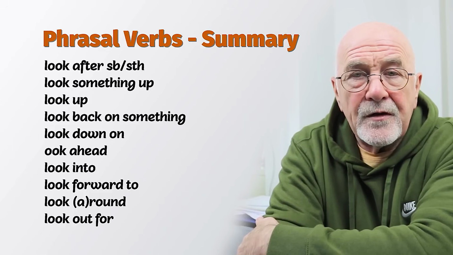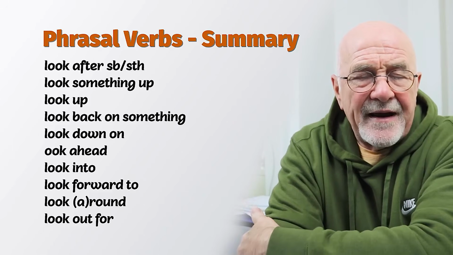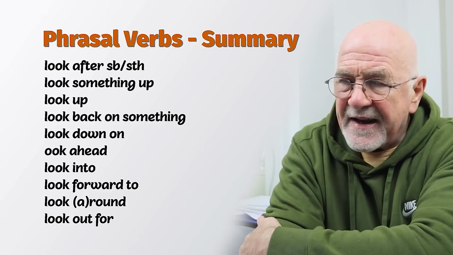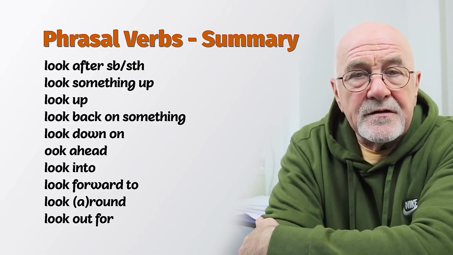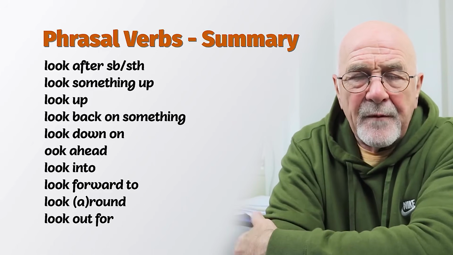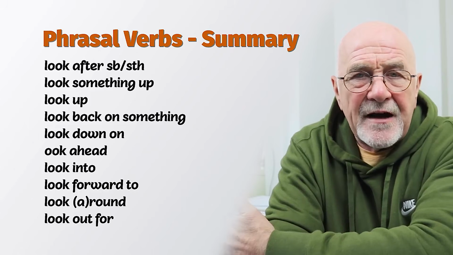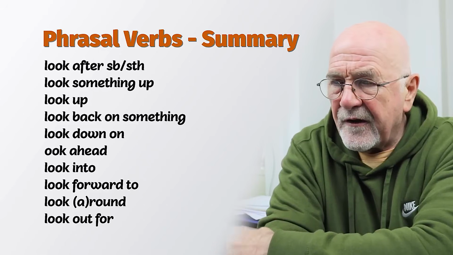Number 4, look back on something, usually about nostalgia, looking back with some sort of interest in your previous life, something that happened, to look back on. To look down on, this is a negative phrasal verb, to look down on when we don't treat people equally, we don't treat them with respect, we look down on people who have less than we have, to look down on.